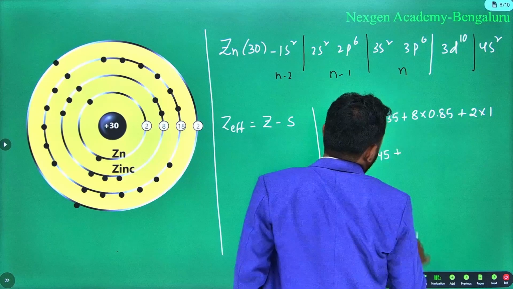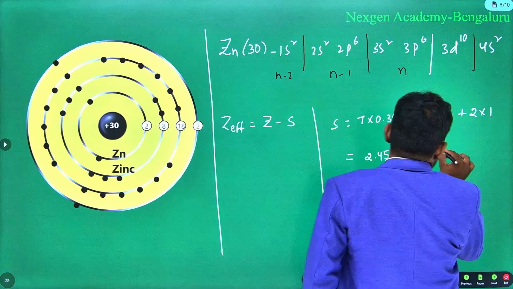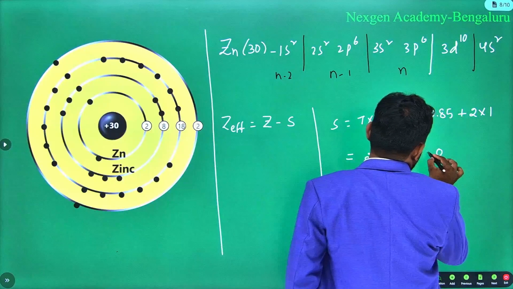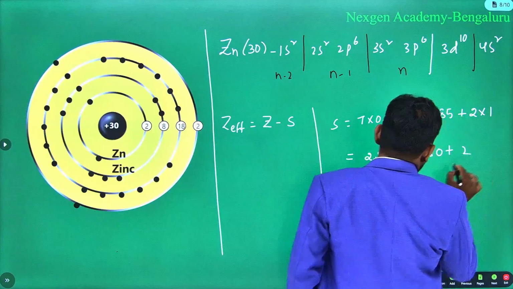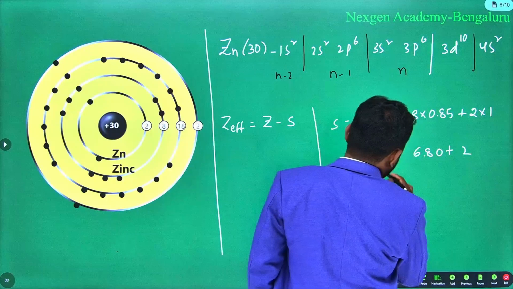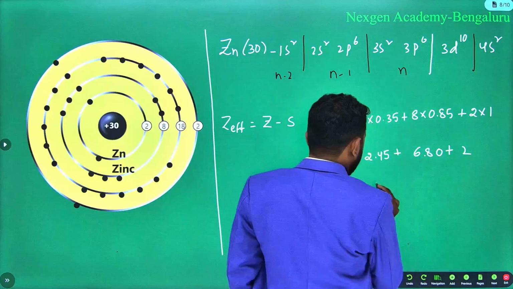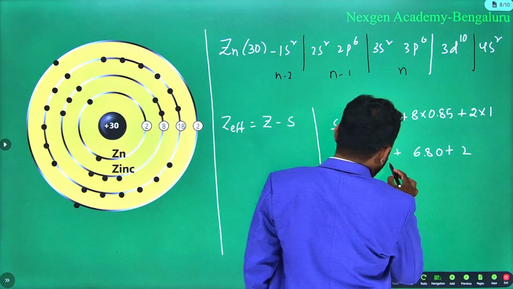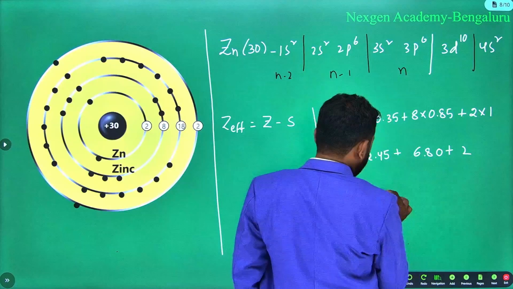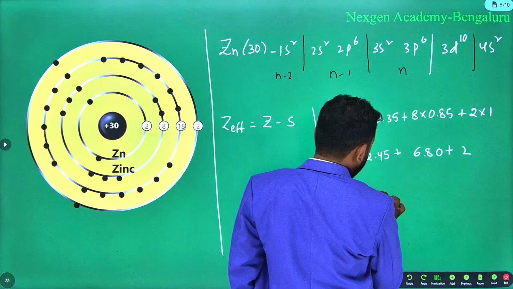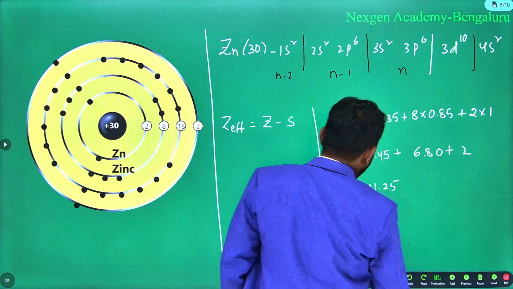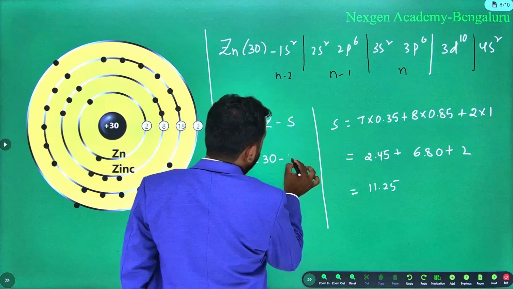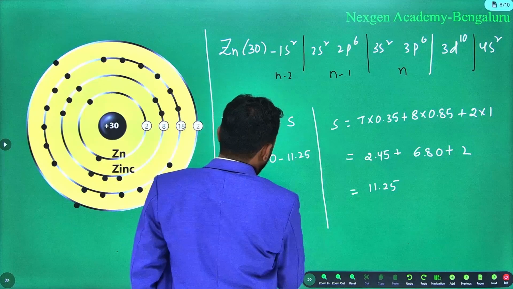2.45, 6.80 plus 2, 8.10... 11.25. So correct me if I'm wrong: 30 minus 11.25.